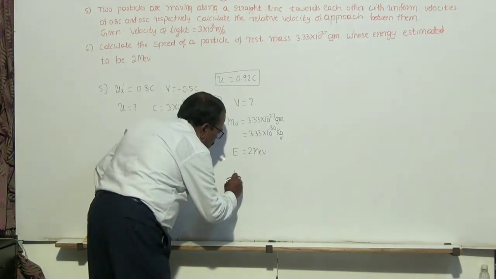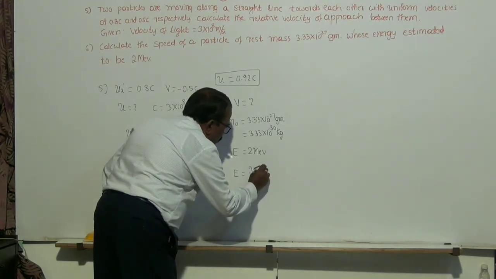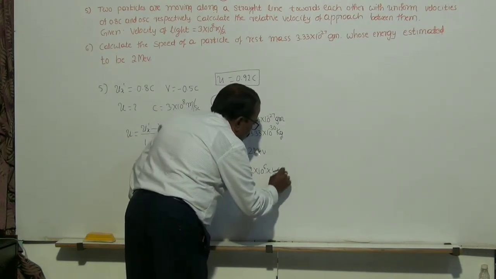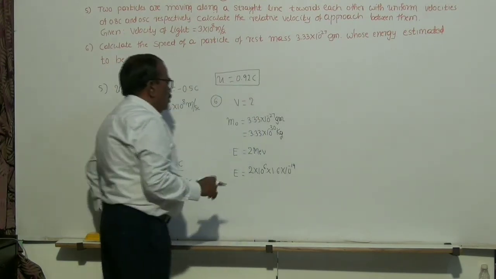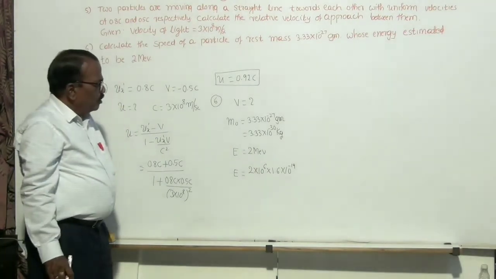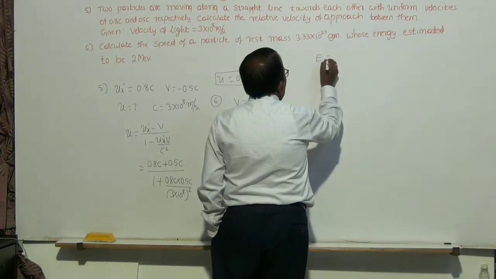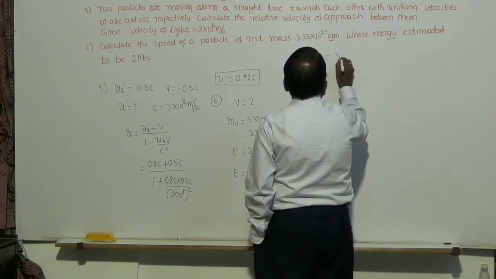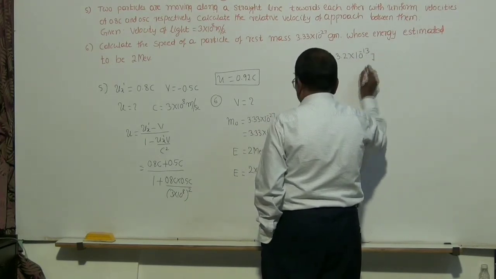This is E is equal to 2 into 10 raised to 6 for mega and 1.6 into 10 raised to minus 19. It is for joules, conversion of electron volts into joules. Now we are going to get this E as 3.2 into 10 raised to minus 13 joules.